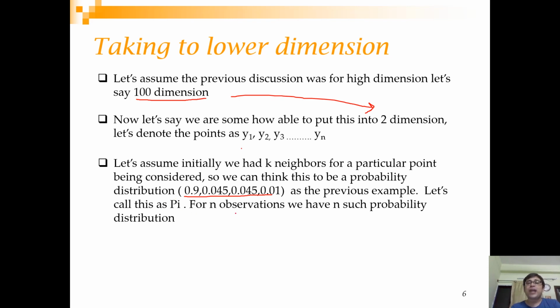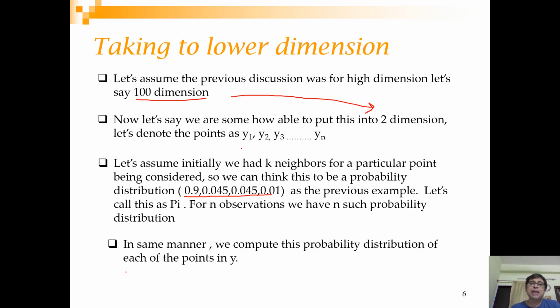So for n observations, we have n such probability distributions. In the same manner, let's compute the probability distribution of each of the points in Y. We are doing the same thing that we did in the original dimension.